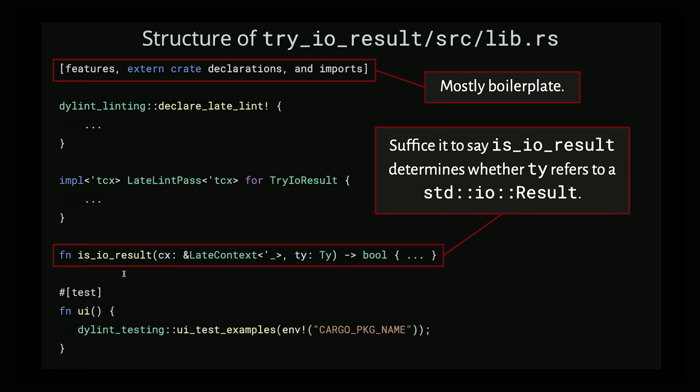I will, however, say what this function does. You'll notice that it takes this argument lowercase ty, which is of type capital T, lowercase y. The type Ty is a type defined within the Rust compiler, and it is the type of types. And so what is EuroRust does is it tries to answer the question, is lowercase ty the type standard EuroRust? If so, return true, otherwise return false.